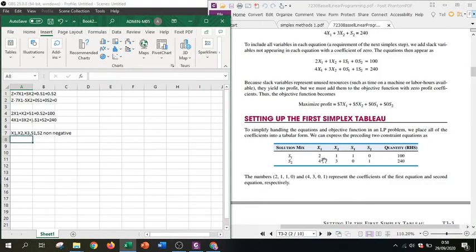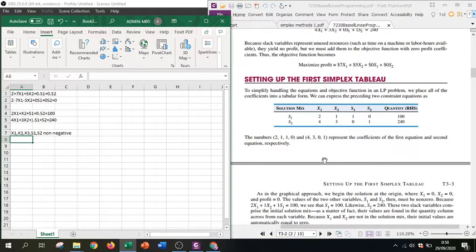And then the next step, setting up the first simplex table. To handle the equations and objective function in an algebra problem, we place all the coefficients into a tabular form.